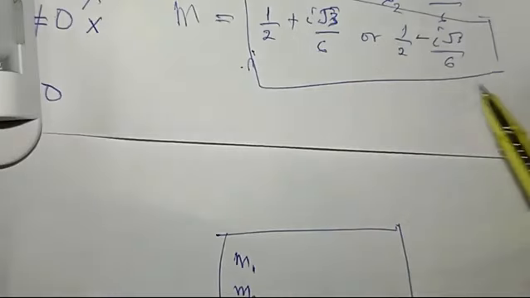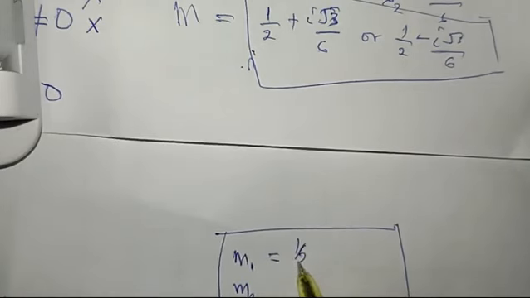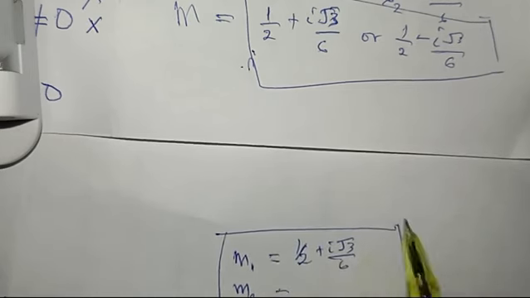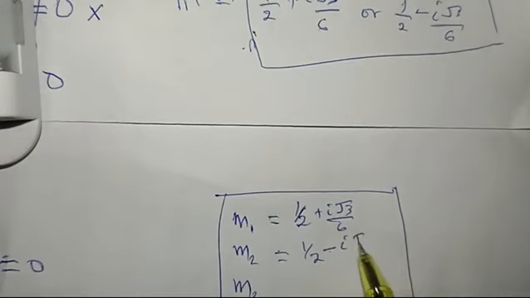Okay, so these are the first two values of m, and of course let me just put it right here. So m1 is 1 over 2, okay, plus i root 3 divided by 6, and then for m2 this will be 1 over 2, okay, minus i root 3 divided by 6 also.